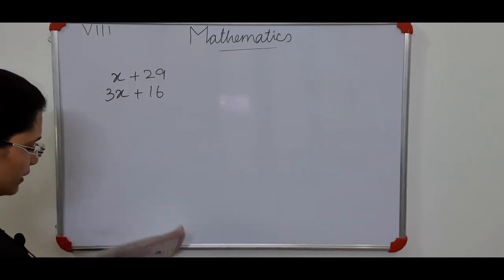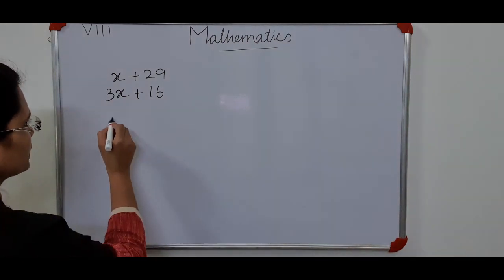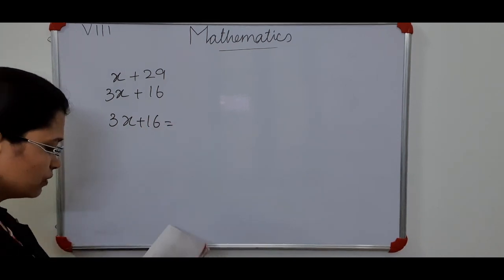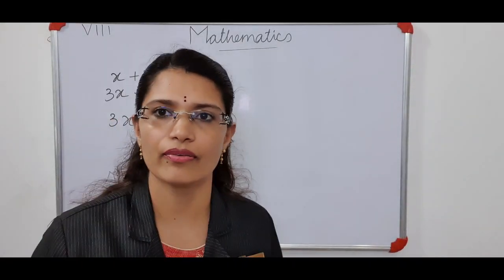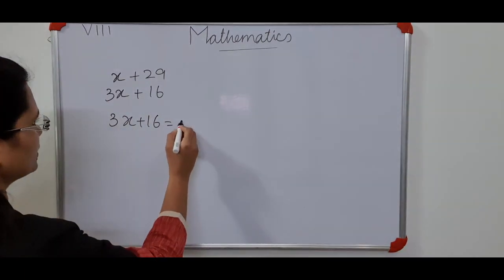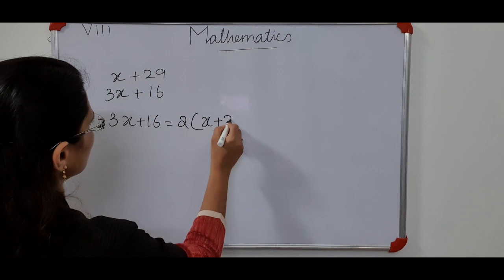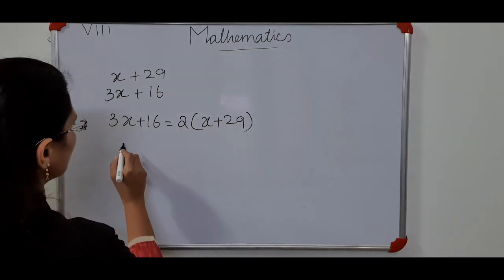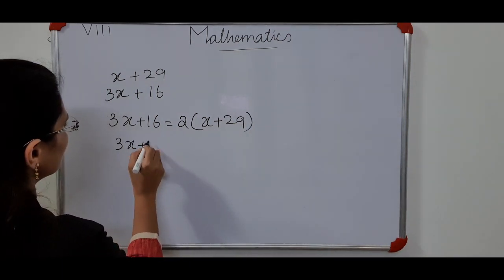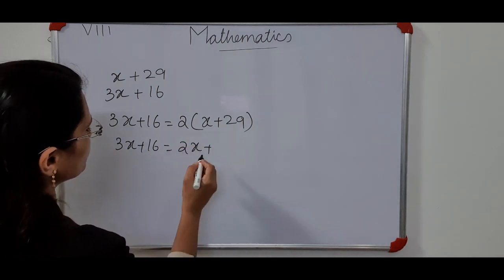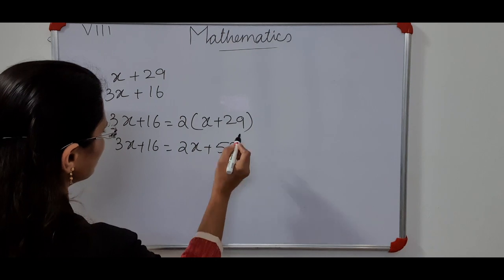Number of men is equal to 3x plus 16, is equal to double the number of women. So, double the number of women is 2 times x plus 29. So, 3x plus 16 is equal to 2 into x, 2x, plus 2 into 29, 58.